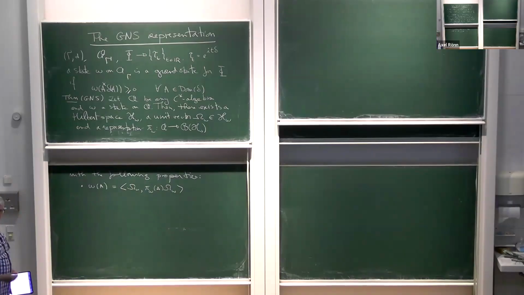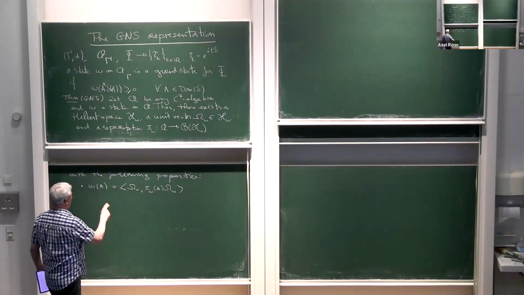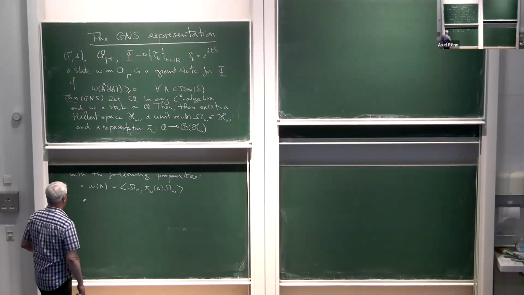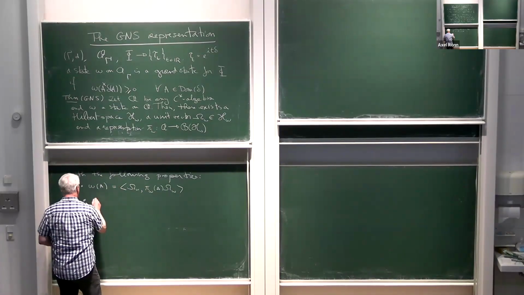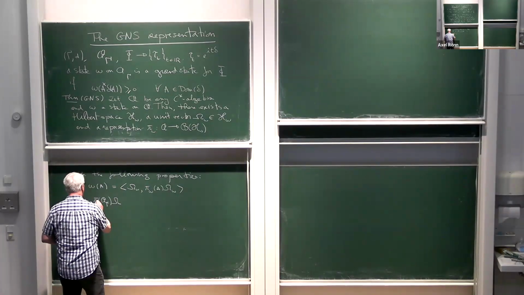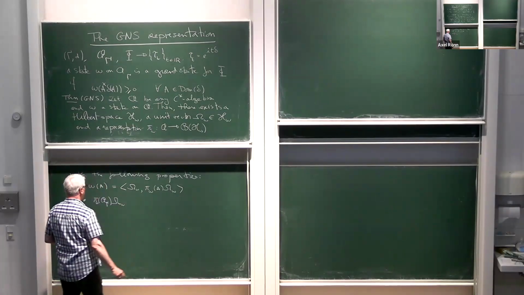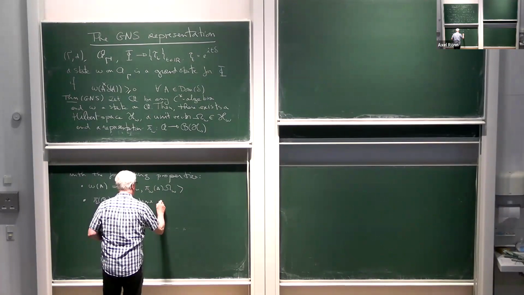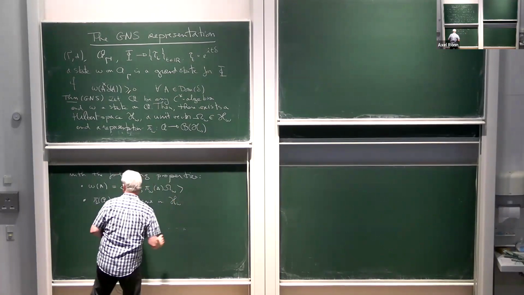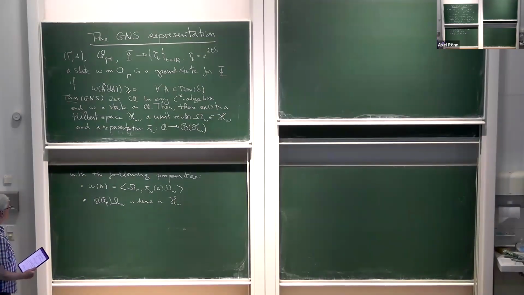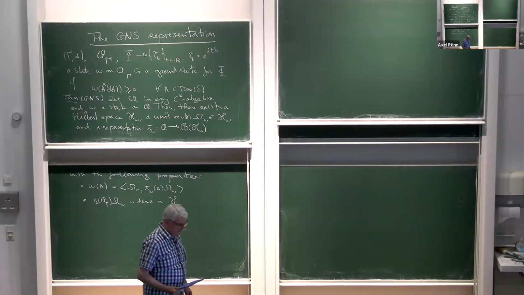We take the expectation in the vector state, the unit vector Omega, of the representative pi omega of A. The other property is that if you act with all vectors pi omega of A on the vector Omega, you get a dense subspace of your Hilbert space. So that's very good. It looks like we have something we are familiar with in quantum mechanics.